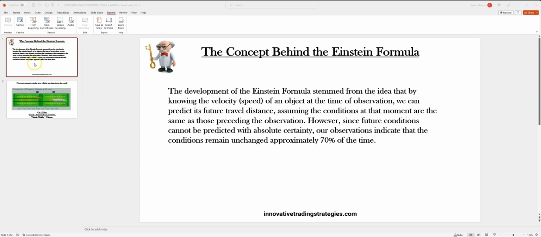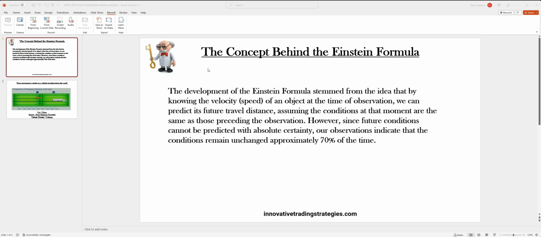What's the concept? The development of the Einstein formula stemmed from the idea that by knowing the velocity, the speed of an object at the time of observation, we can predict its future travel distance, assuming the conditions at the moment are the same as those preceding the observation. All right, this may be a lot to think about here.